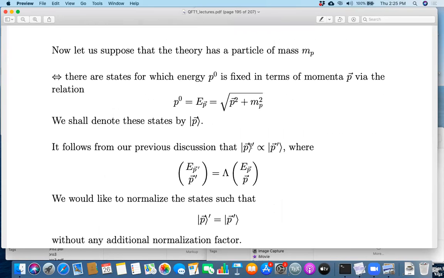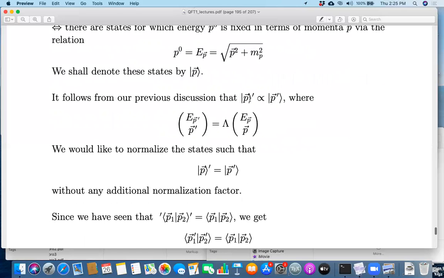How is P prime related to the original P? It's related by a Lorentz transformation of this kind: P prime is lambda times P, because that's what we had established, that this is also a momentum eigenstate, and the momentum eigenvalue is given by the original momentum eigenvalue after Lorentz transformation.